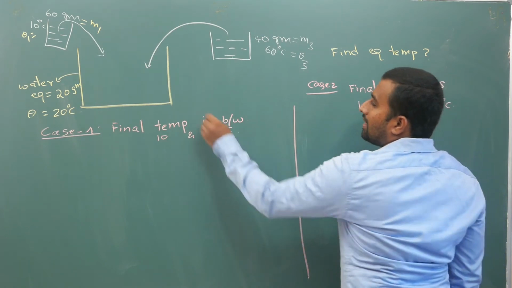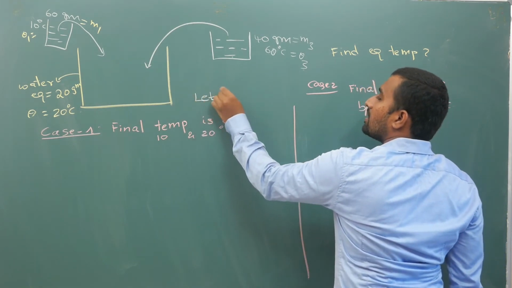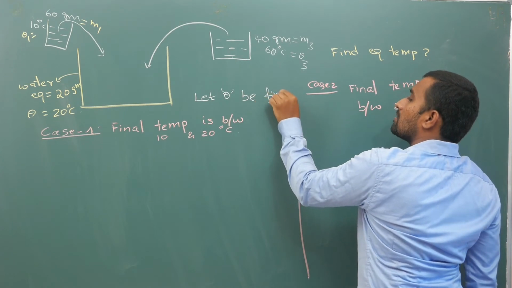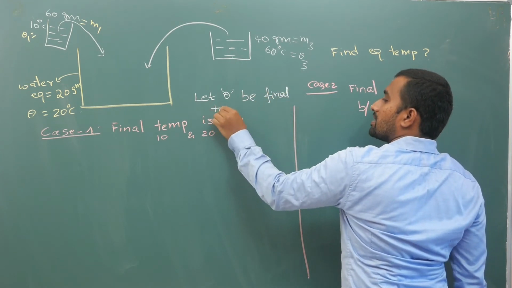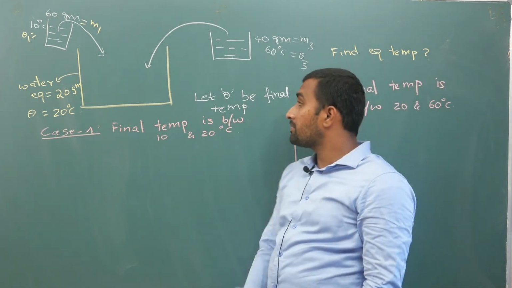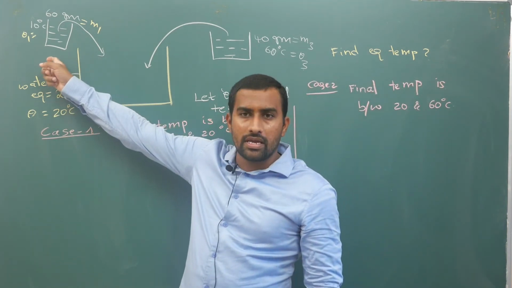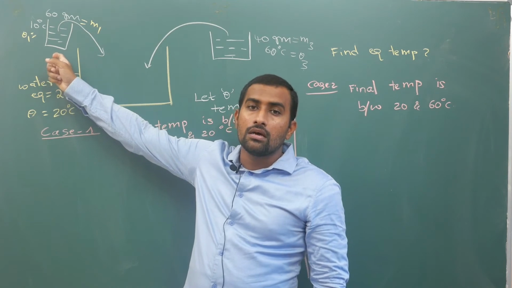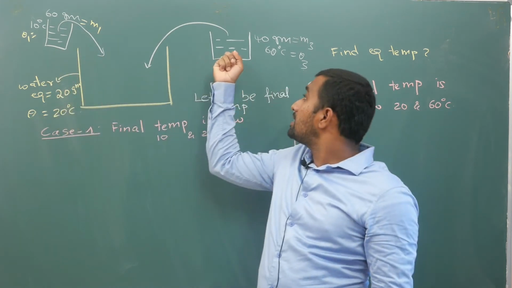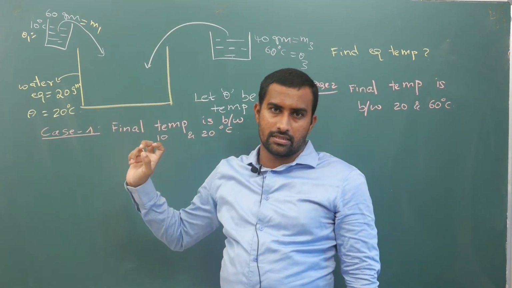So let theta be the final temperature. Now if theta is final temperature, this 10 degrees body will gain heat, 20 and 60 degrees bodies will lose heat.